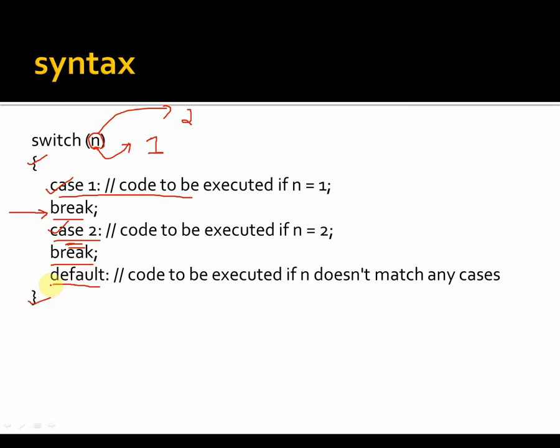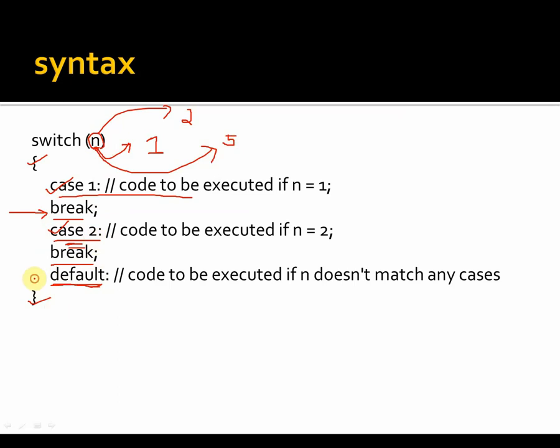Now what is this default case? The default case is something which you would execute if none of the cases given above are executed. For example, in my case, suppose this variable n takes a value of 5. You see over here there is no case 5 to execute.